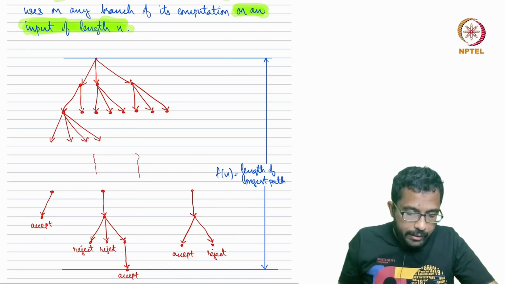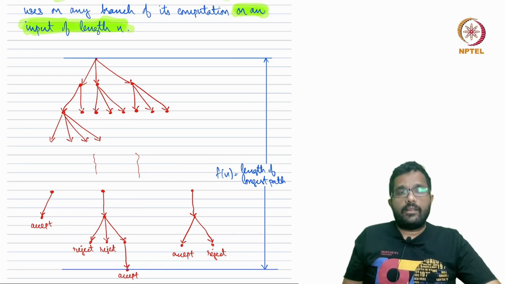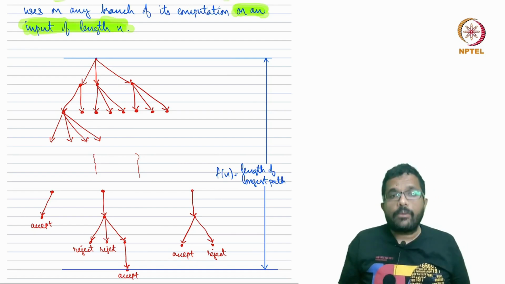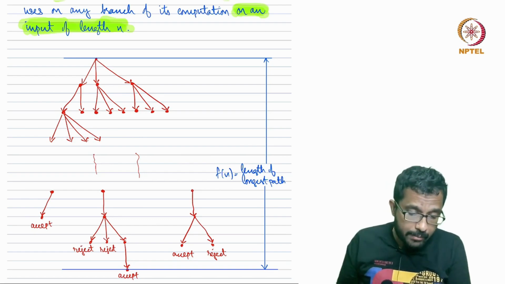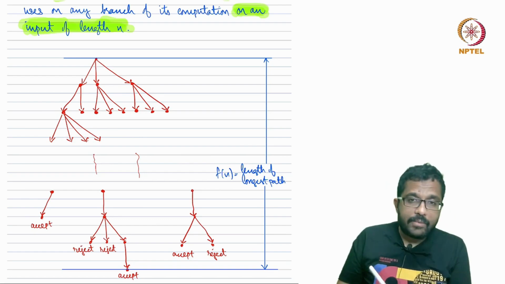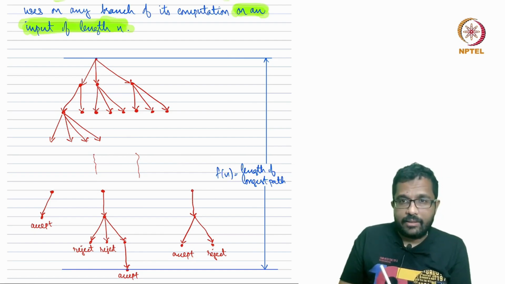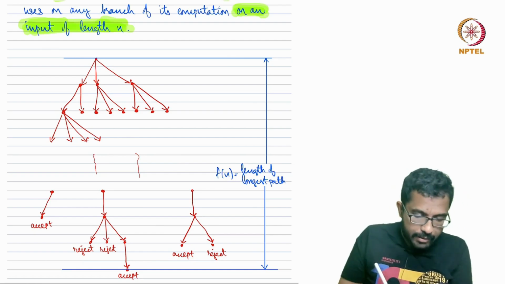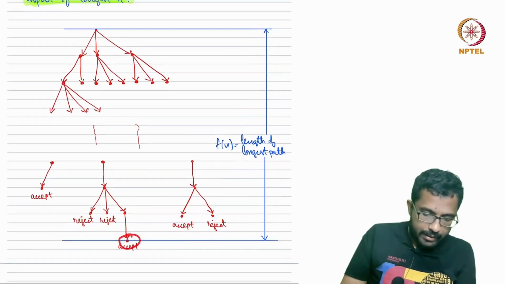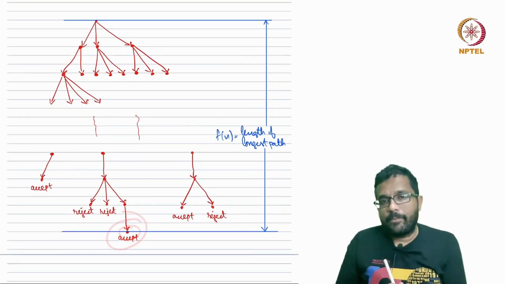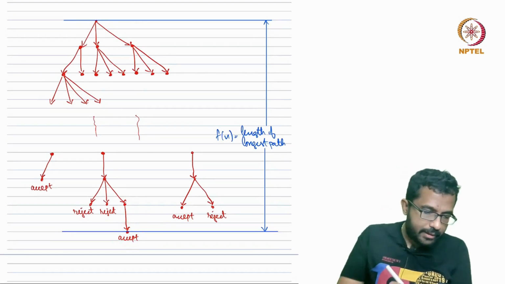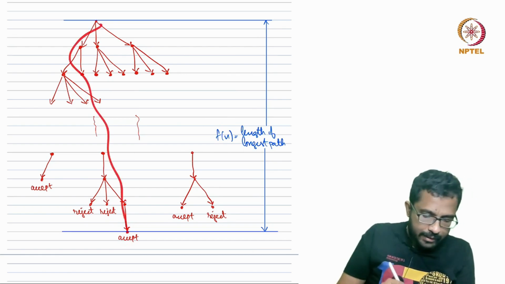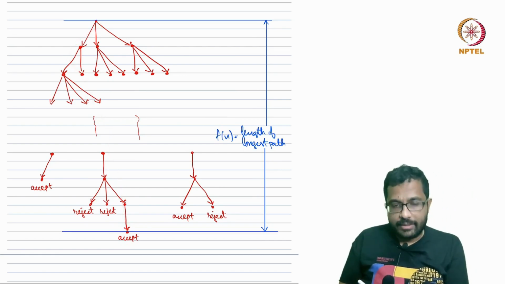But we define the running time, for a specific input, to be the maximum number of steps taken by the longest path. If this is a specific input and this is the configuration tree, this particular accepting configuration at the bottom, the accepting path that comes some way like this, seems to be the one that takes the longest time.